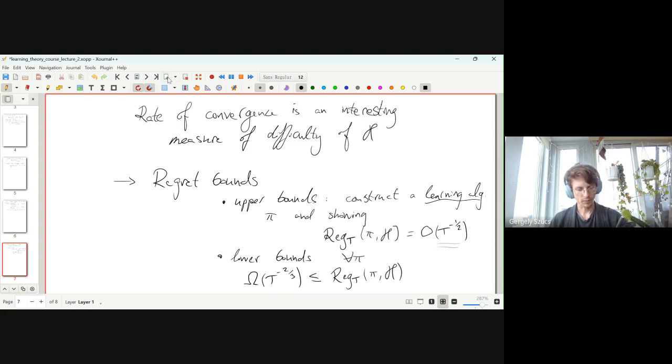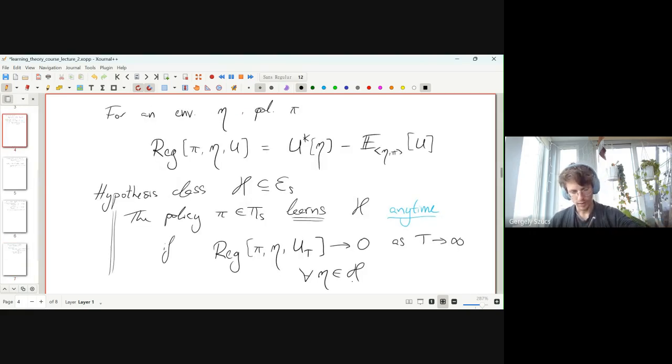Okay. So I guess one thing to note is that our definition of learning involved something that has to be true for all hypotheses. Because of this, it is sometimes called a frequentist guarantee on the algorithm.